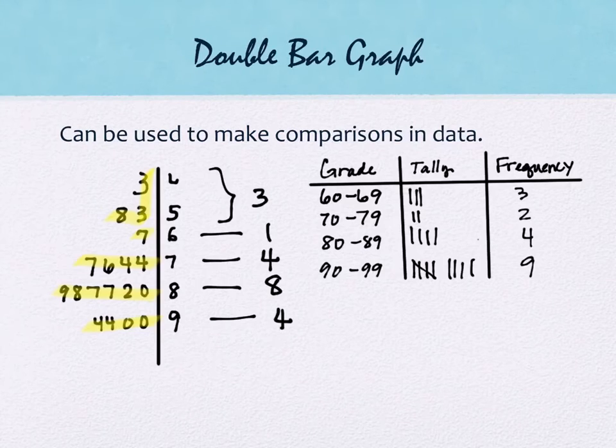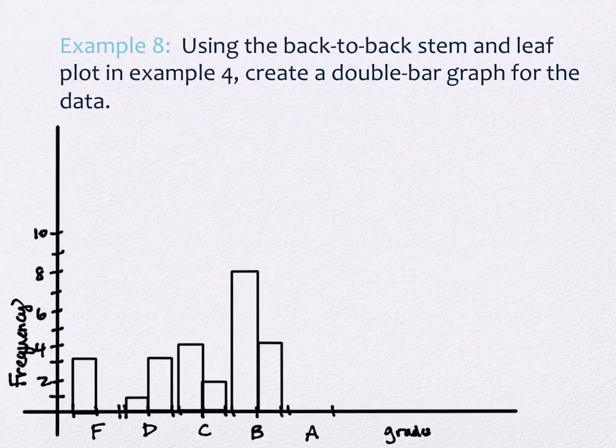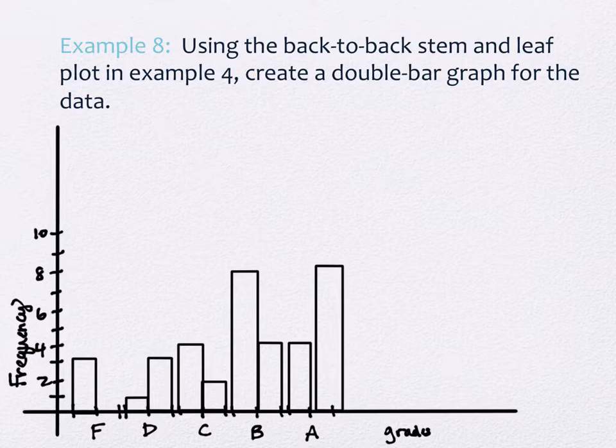And then my A range, there's 4 on test 1 and 9 on test 2. So 4 and 9 after I split up the A. So here's 4, and then we're going to have the other one at 9. Okay.